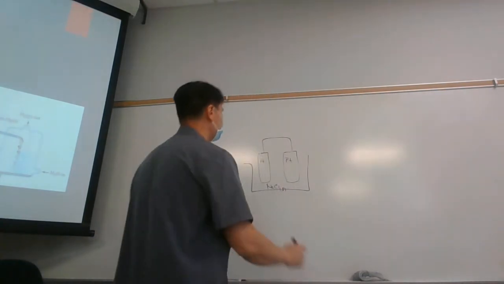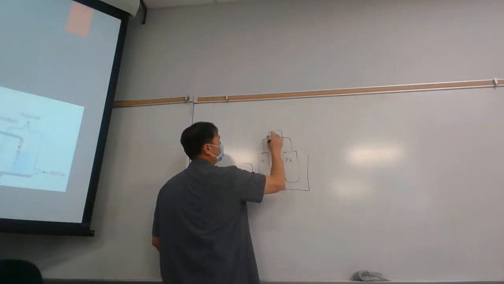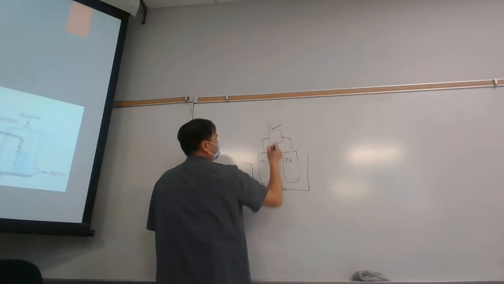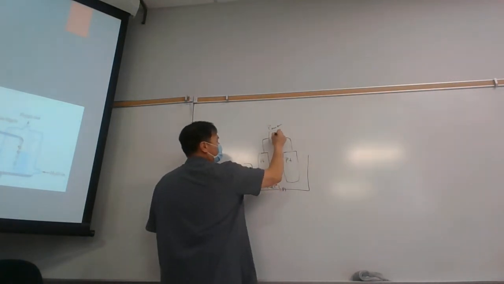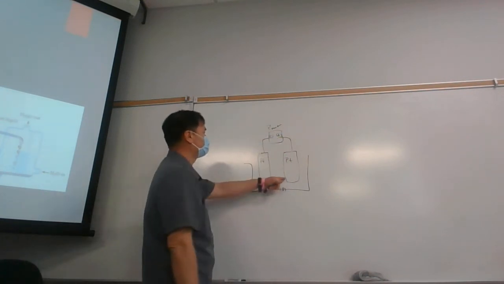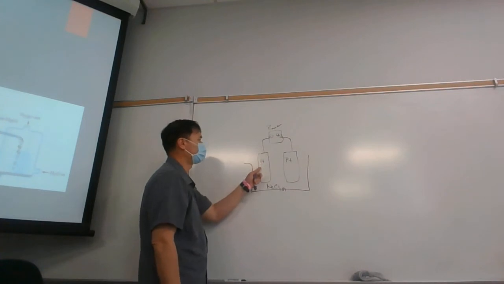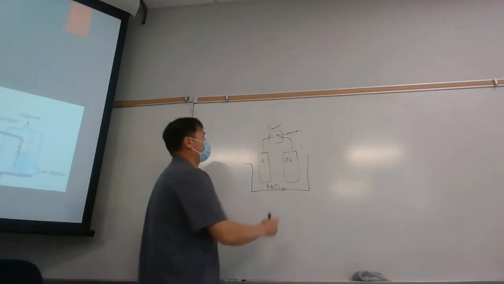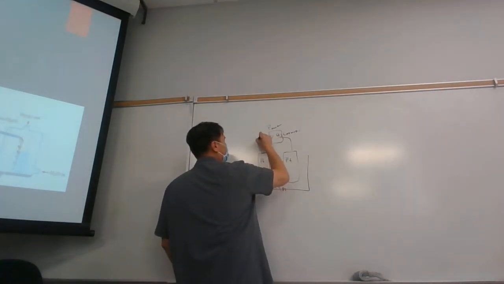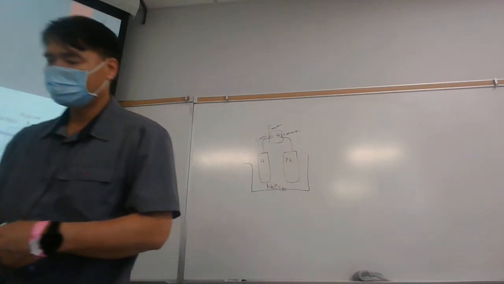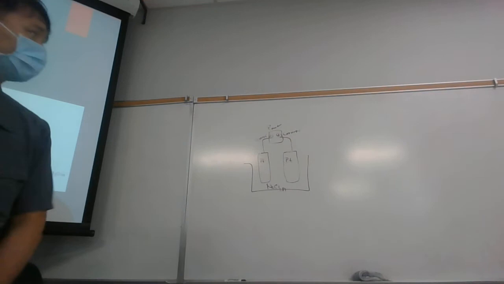And then we'll hook up a power supply here, or battery, some external power. And then I'm going to use convention here. I'm going to hook the cathode of the power supply to the right electrode and the anode of the power supply to the left electrode. The cathode is positive, the anode is negative. Cathode is where reduction occurs, but that's for the power supply.